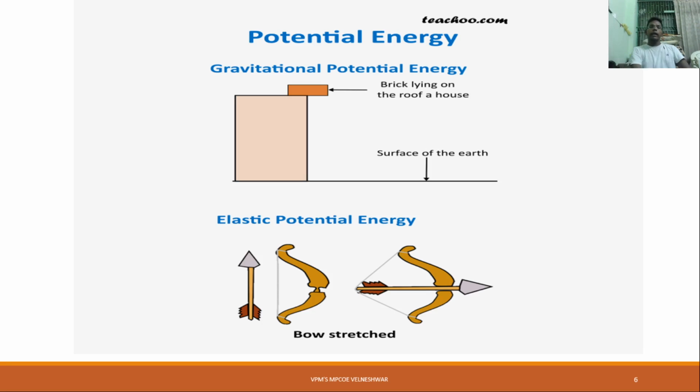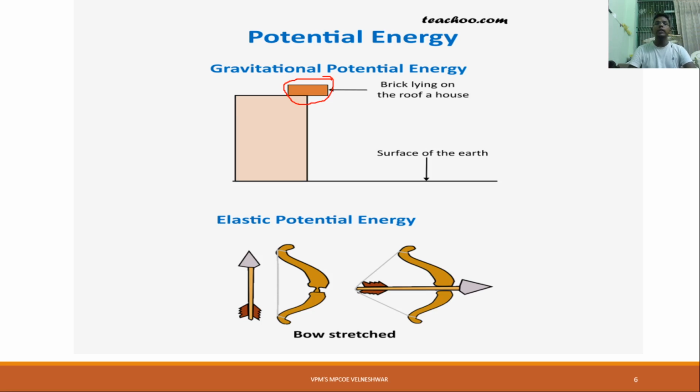Now gravitational potential energy. Here I have shown a small diagram. If you see, there is an upper part, some small surface. At this surface there is one small brick. And here you see the surface of the earth. If it is falling by itself, we are not applying any force, that movement is nothing but potential energy.